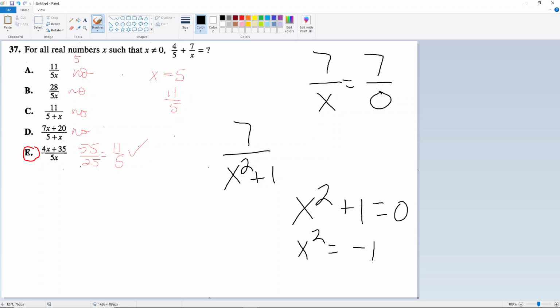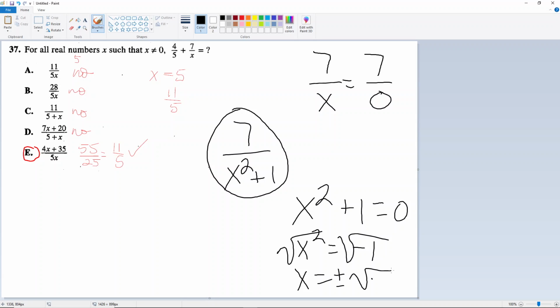This has nothing to do with question 37, but I'm just showing you if you had this expression and they would ask which value of x makes this expression undefined, you'd set it equal to 0. X squared plus 1 equals 0. X squared equals negative 1. Take the square root of both sides. X equals plus or minus the square root of negative 1.